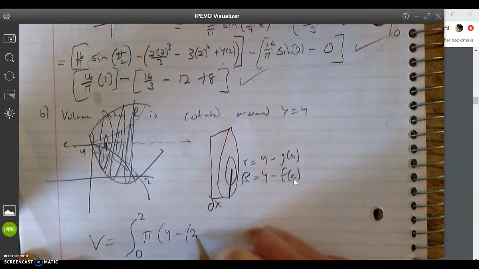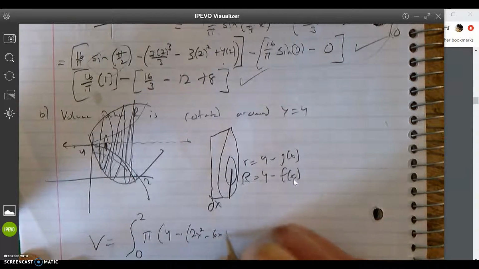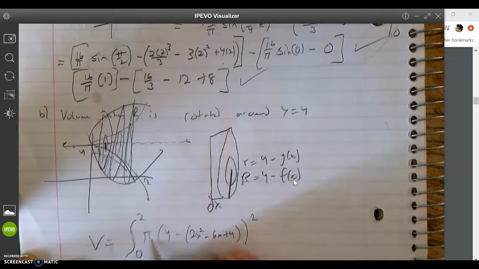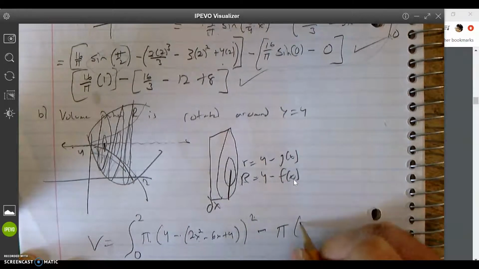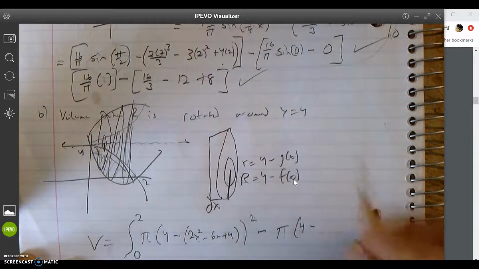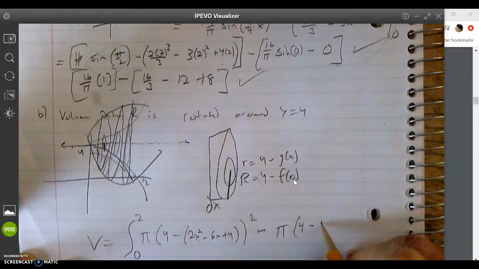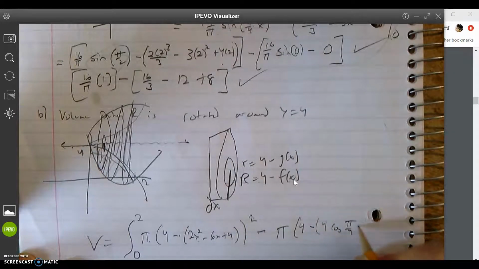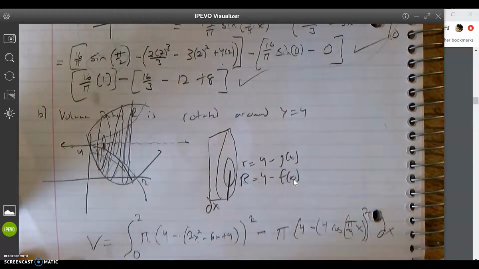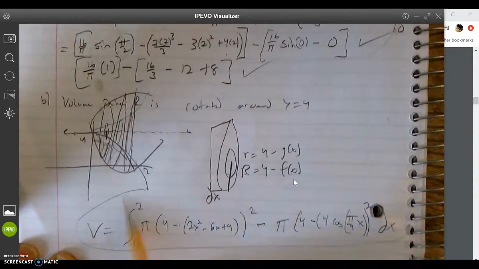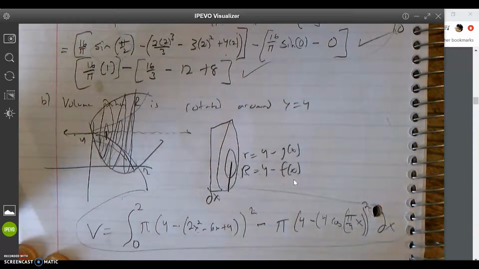So we can just write this, 2x squared minus 6x plus 4 squared, pi R squared minus pi small radius squared, 4 minus, and that would be the cosine one, 4 cosine pi over 4 x squared dx. And that is the answer for part B. Got it. So 2 points for the integrand and 1 point for the constant, which is pi, and the upper and lower limits 0 and 2.